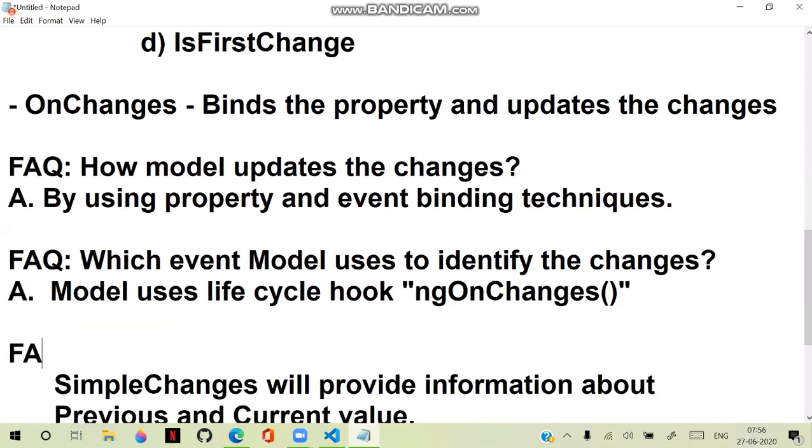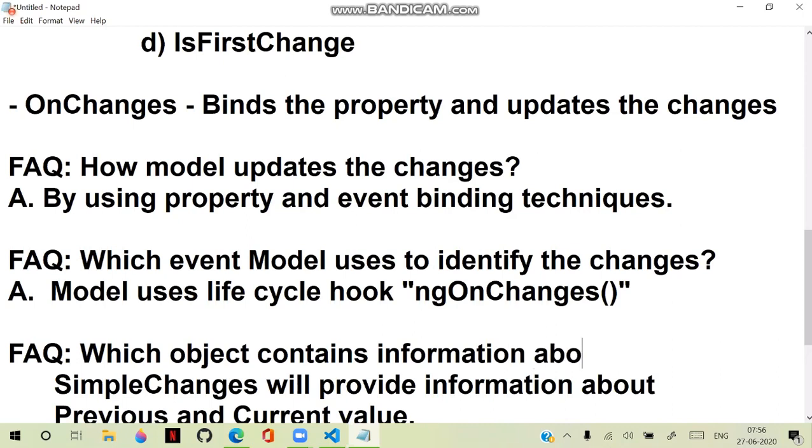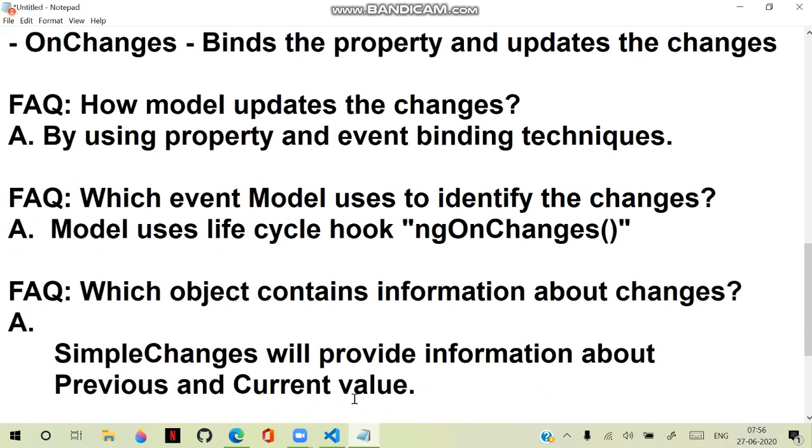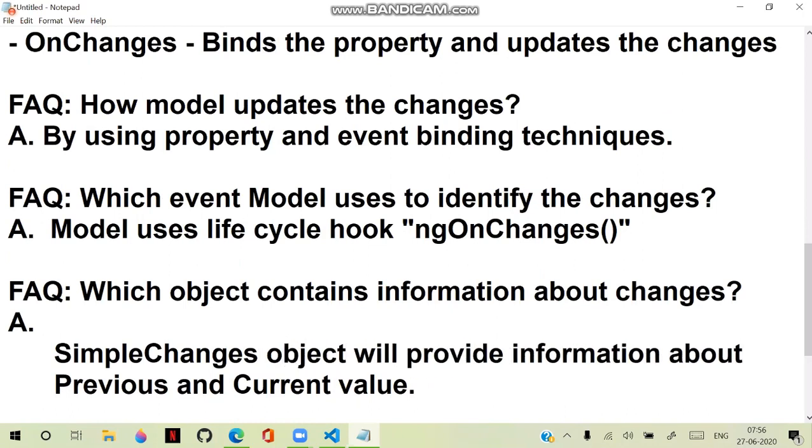That means another point is which object contains information about changes. For that the answer is SimpleChanges. So the SimpleChanges object provides information about previous and current value.